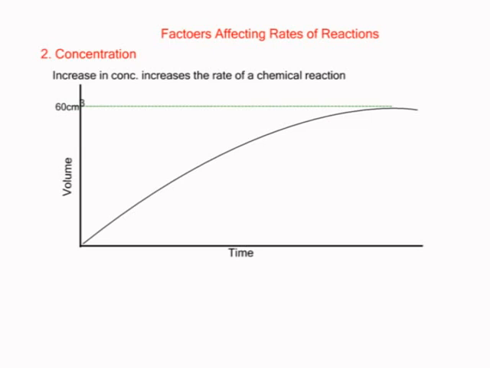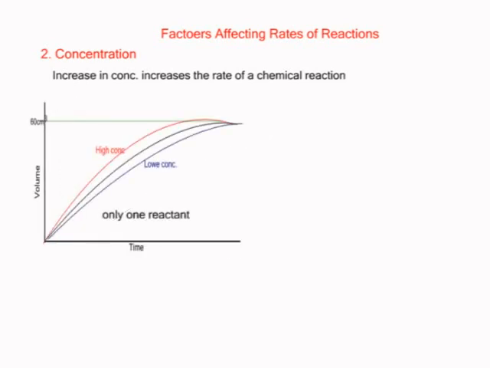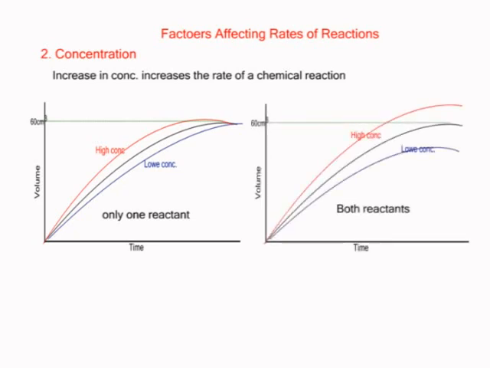If you increase the concentration of one of the species, the maximum volume is constant. However, if the concentration of both of them is increased, the maximum volume also increases. You need to take a look at the curve on the right side of your screen. You realize it's quite different from that on the left.